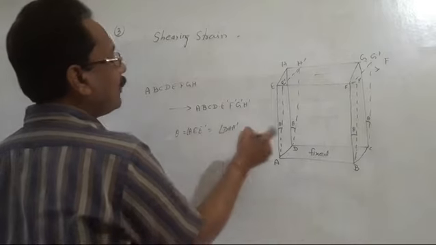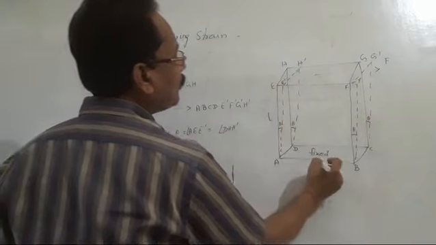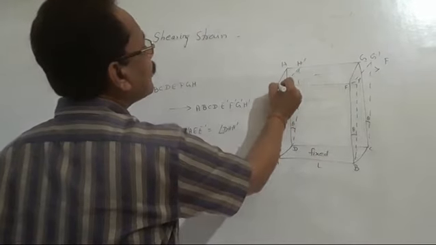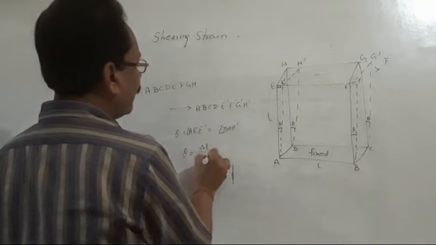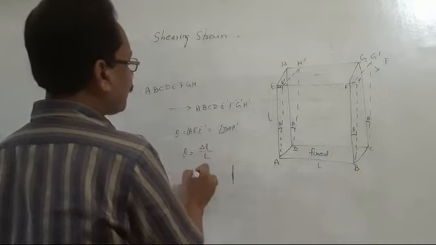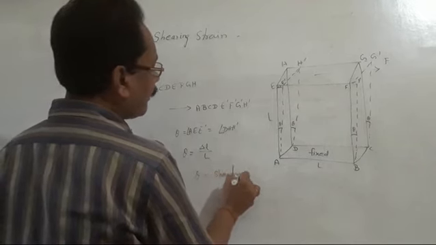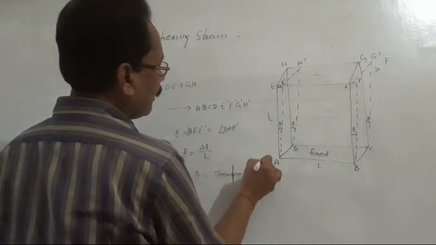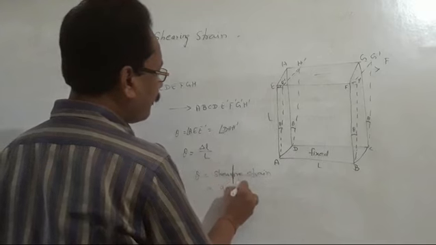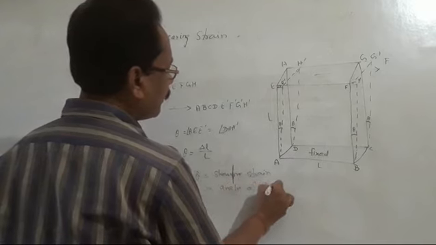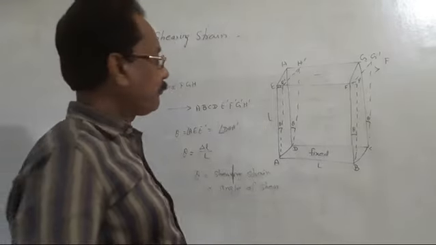Hence, as from figure, this is L, and just imagine this is del L. So theta is equal to del L by L. This theta is called shearing strain or angle of shear.